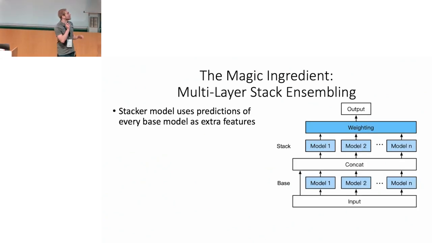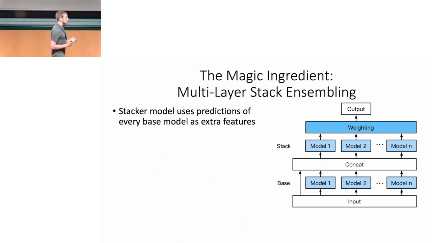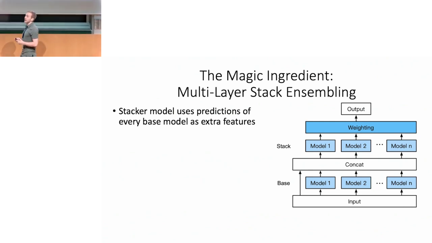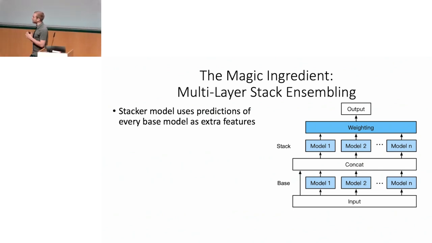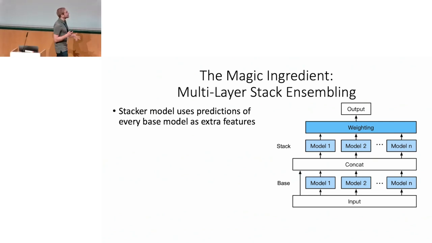Next up is stack ensembling. This is much more complicated than I can really explain in this talk. But to give an idea, basically, you can convert model prediction probabilities into features and use those features as things to train additional models on that improve your predictive accuracy. And you can repeat that process, and you can concatenate it with the original features, that you can use any model types you want at both the base layer and the stack layers.